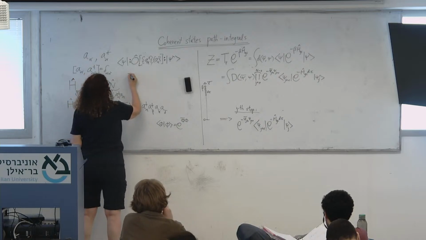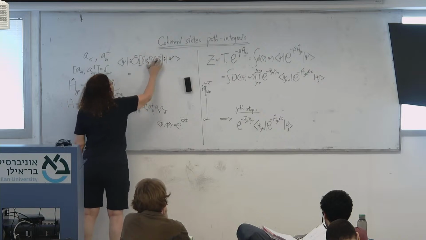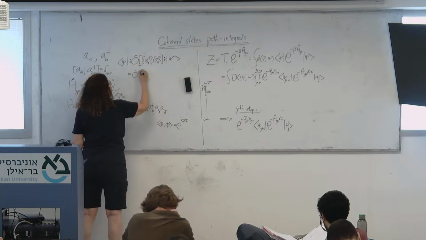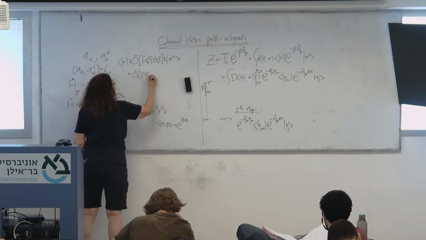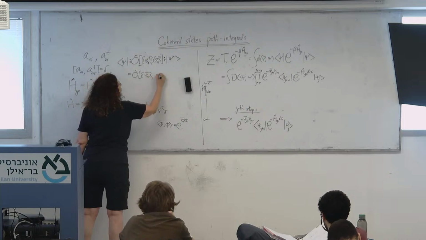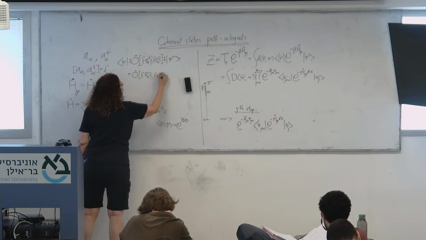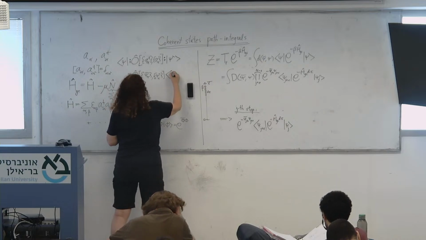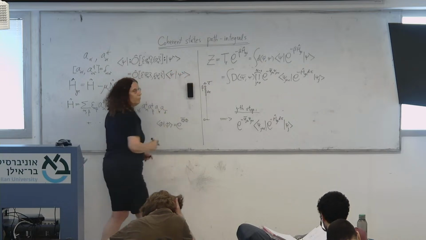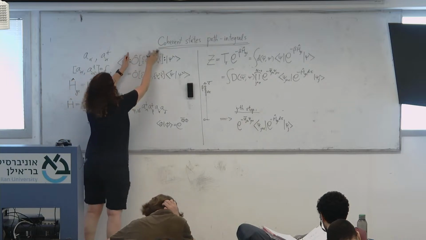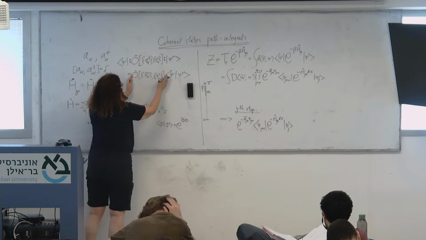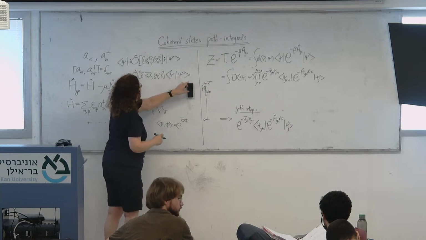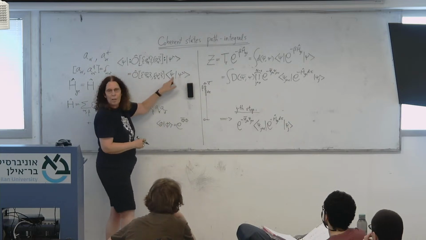And what you're going to get is the eigenvalue, O of psi bar alpha, psi prime alpha, times the overlap of psi and psi prime. So this operator is replaced by its eigenvalue, and you're still left with an overlap, the inner product of the psi prime and psi.